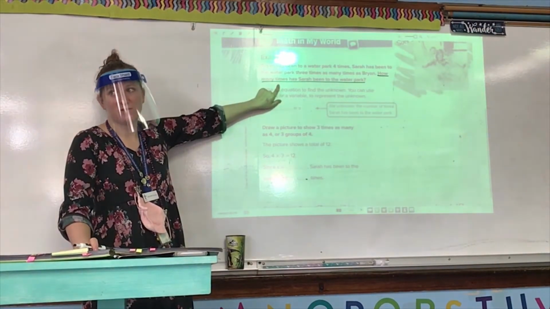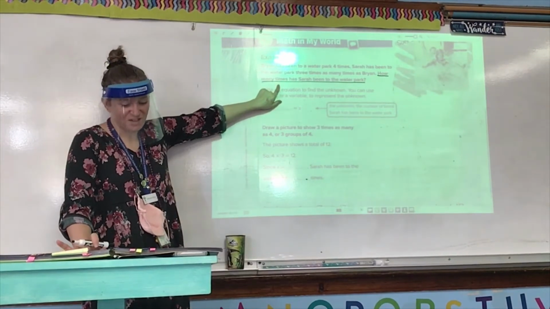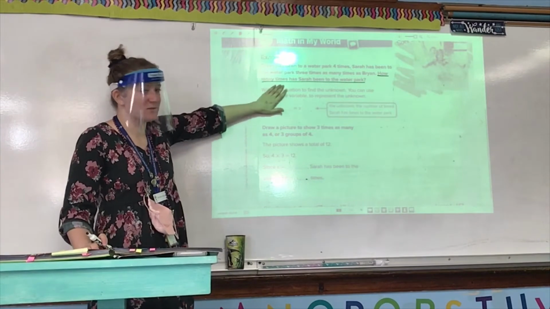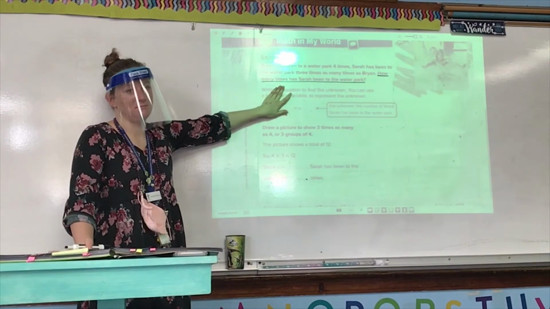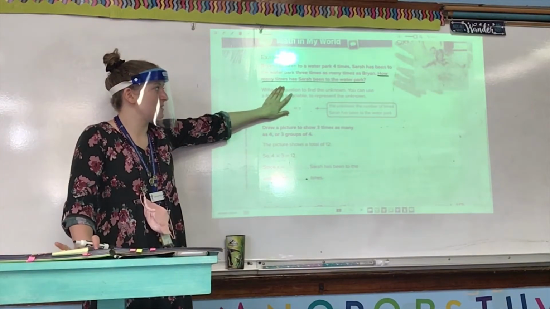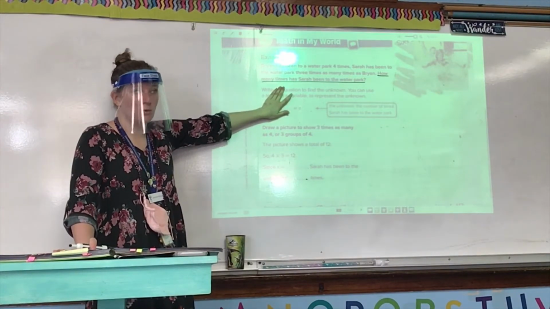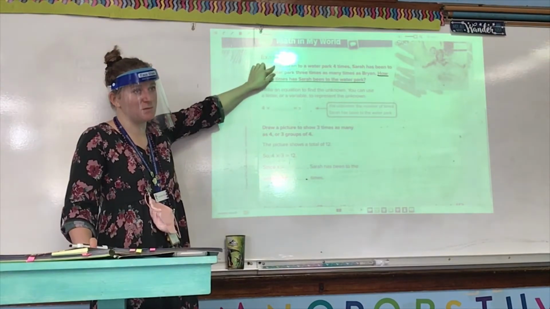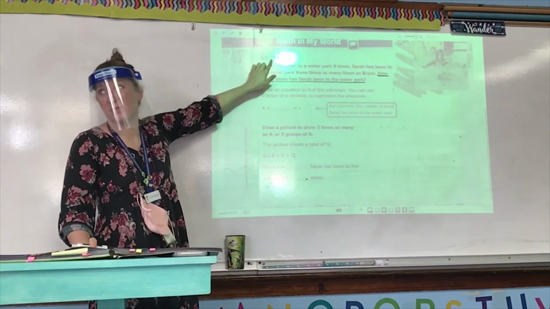No, because sometimes you have to look at the rest of the problem too. This is why this math book sometimes annoys me. Because it teaches you one thing and then it uses an example that just confuses you. So even though this question says how many times has Sarah been to the water park without more or less or greater after, something else in the problem tells us we have to multiply or divide.